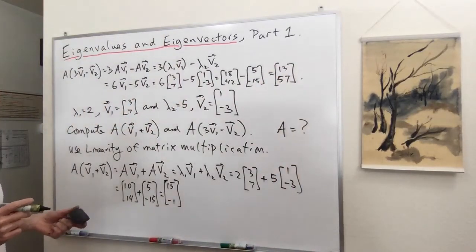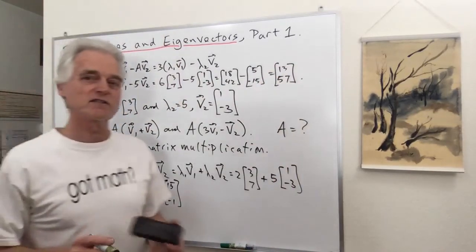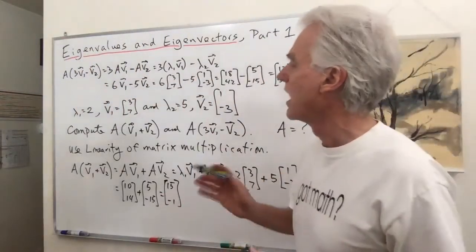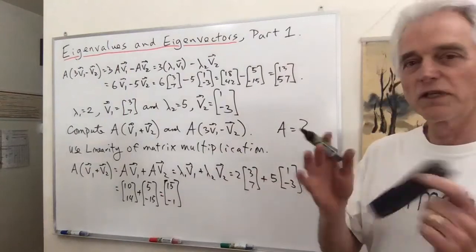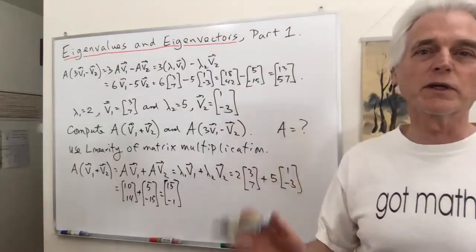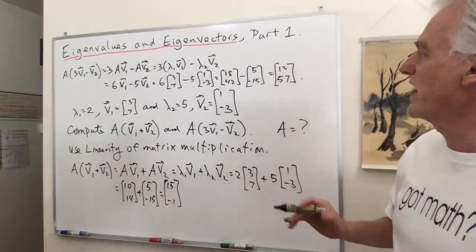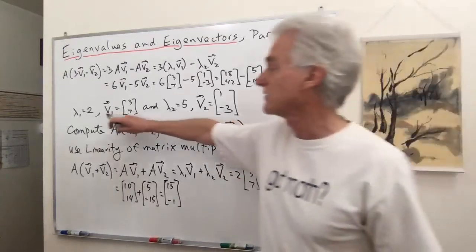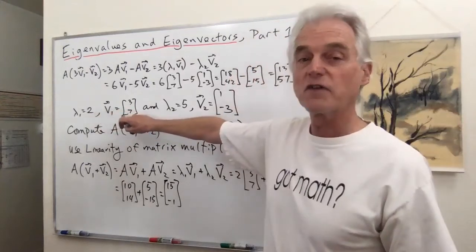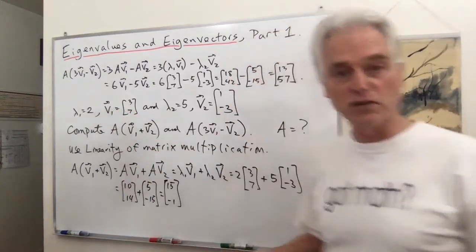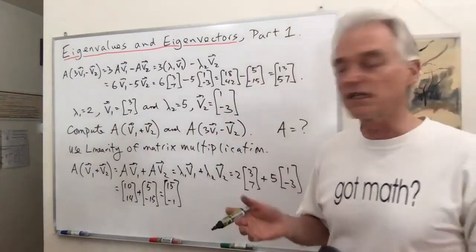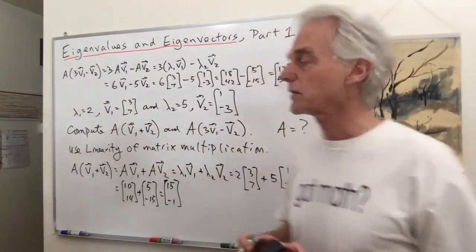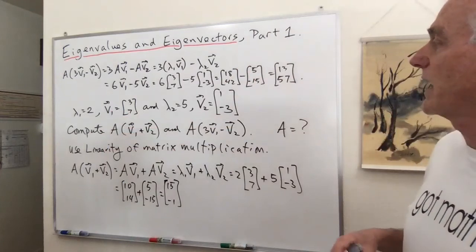Okay. I figured that out without knowing what A is. And this maybe comes as no surprise. In your linear algebra class, you'll figure out ways to actually figure out what A is. If you know the eigenvalues and eigenvectors of a matrix, you can figure out what the matrix is, because that has all of the information about the matrix. All right.